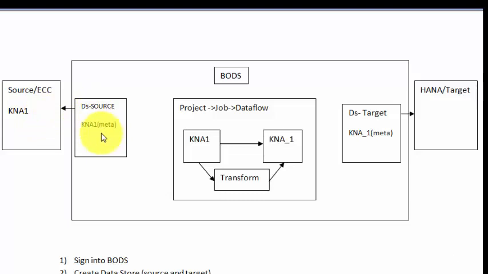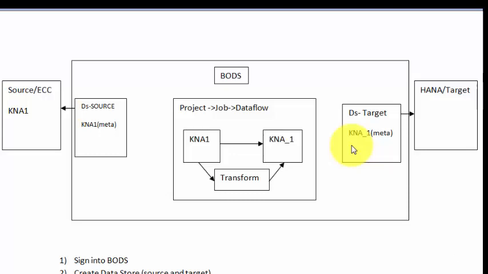So at this stage we are bringing the metadata, the table structure of the table in the source system, into the data source. And similarly you need to bring the metadata of the table in question from the target into the data source. There are some workarounds for this, we will see that as well.